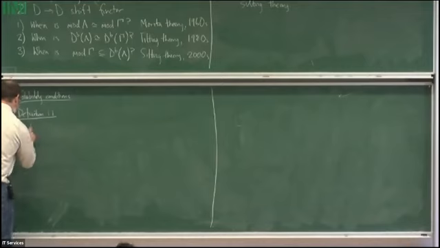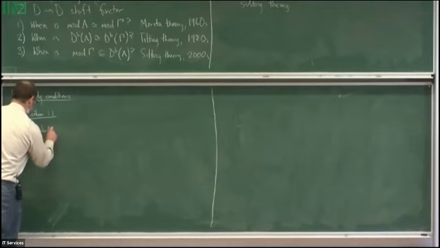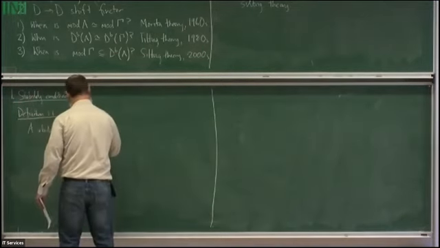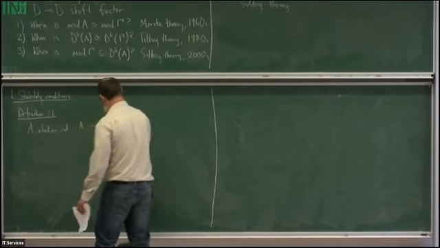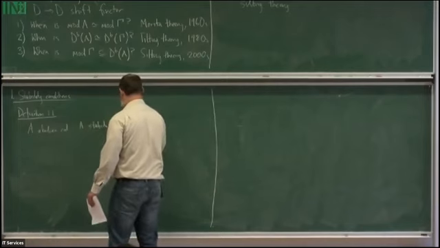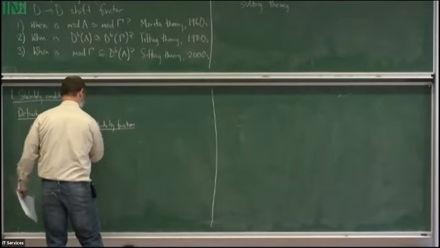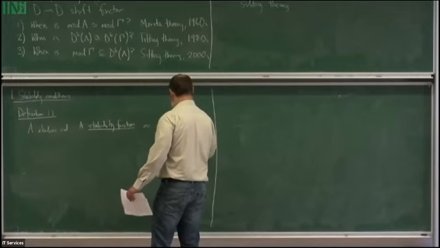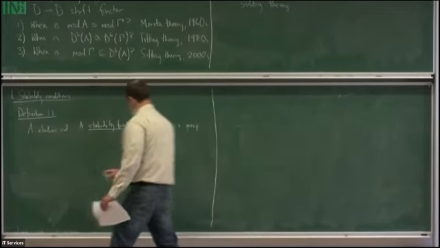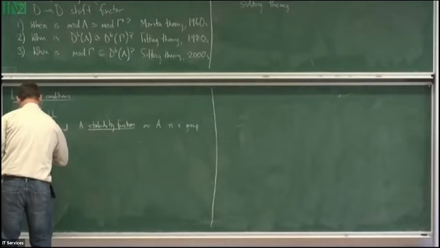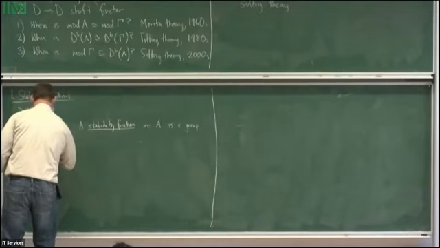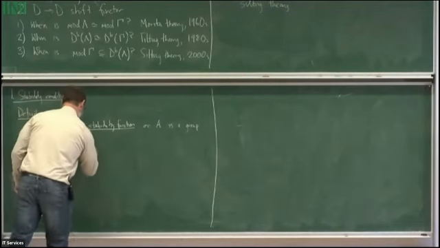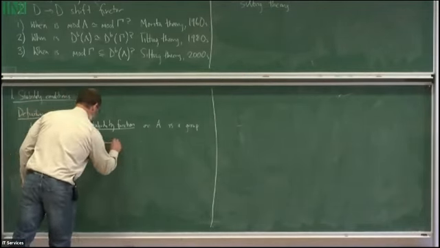So A, an abelian category. A stability function on A is a group homomorphism usually denoted by Z from the Grothendieck group of A to the complex numbers.